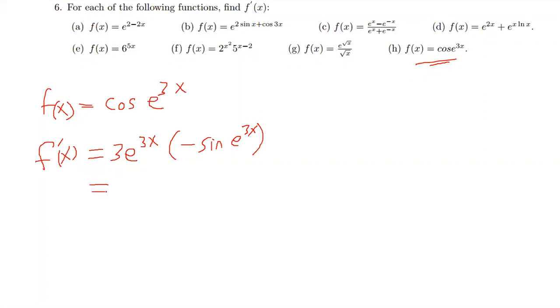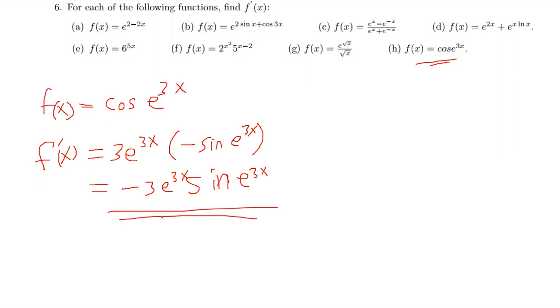So you just simplify it as negative 3 e to the power 3x multiplied by sine e to the power 3x. So this is the derivative for the last question there. Now let me solve this one quickly in the remaining 4 minutes so that we don't leave any questions here.